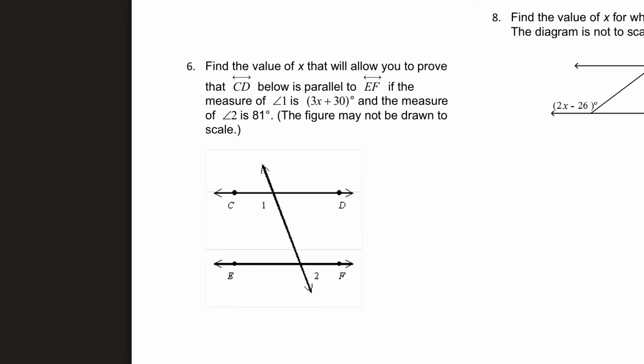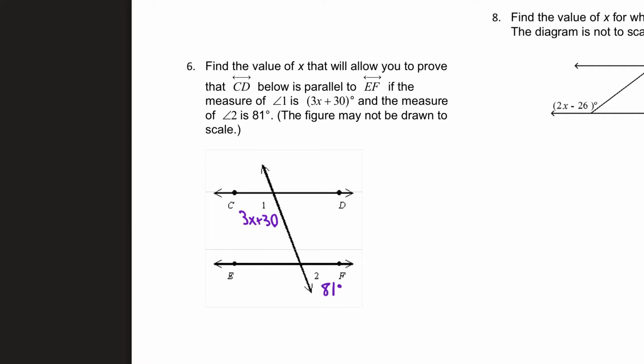Find the value of x that will allow you to prove that CD below is parallel to EF. Okay, we need the value of x, and then there's no x. Oh, wait. If the measure of angle 1 is 3x plus 30, and the measure of angle 2 is 81.